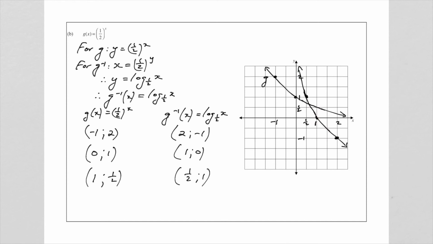And we just need to name it as well. And this is the inverse of g. The last thing we need to do is to draw the line of symmetry, and that is the line that will go right here. So it always intersects at (0, 0), and it also intersects where the two graphs intersect.